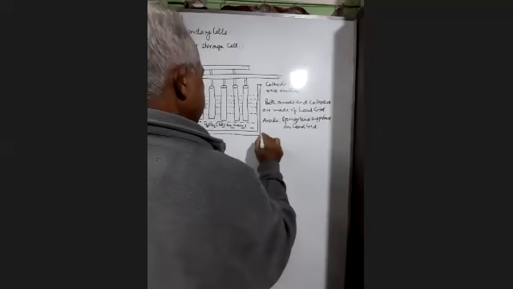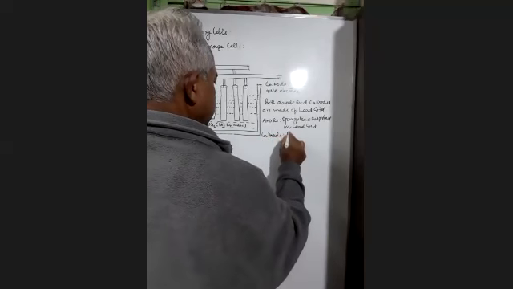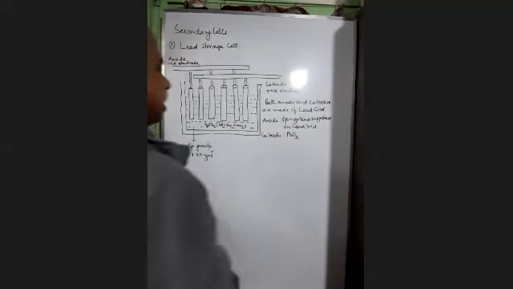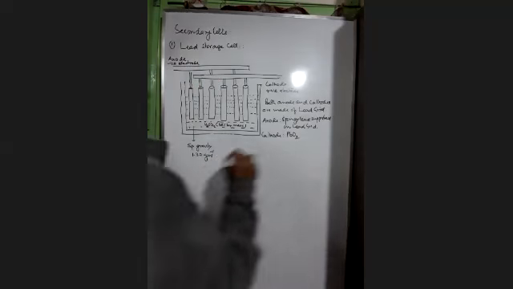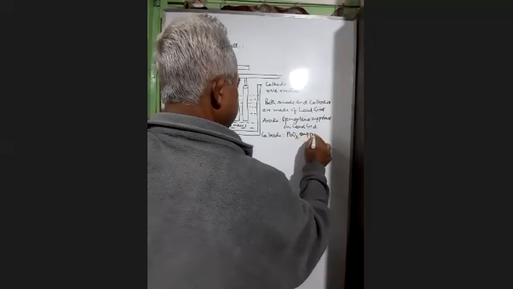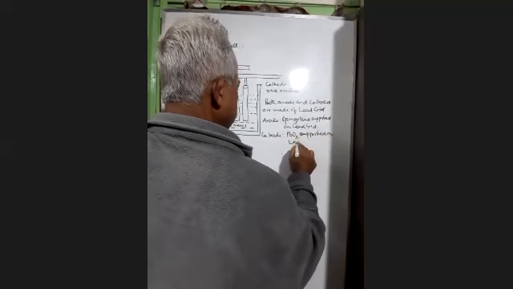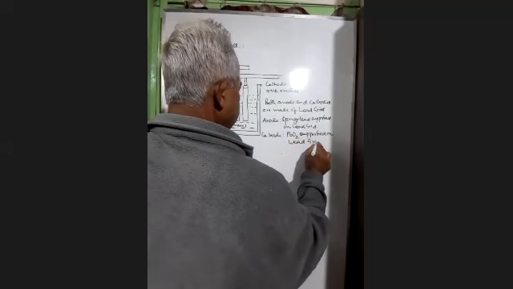Cathode: PbO2, lead dioxide, supported on lead grid.